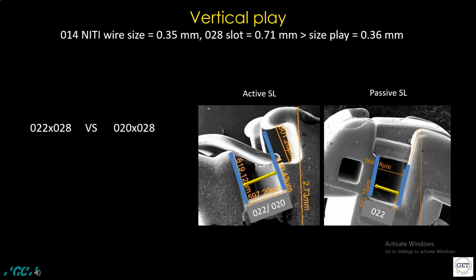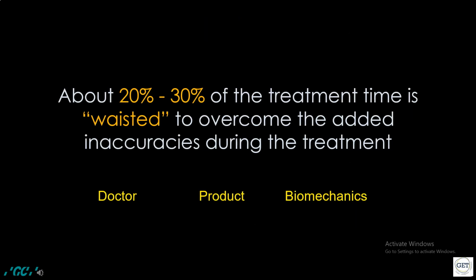A 0.20 slot will also provide better and faster torque, tip and vertical control. It is estimated that about 20 to 30% of the whole treatment time is wasted to overcome the added inaccuracies during the treatment.